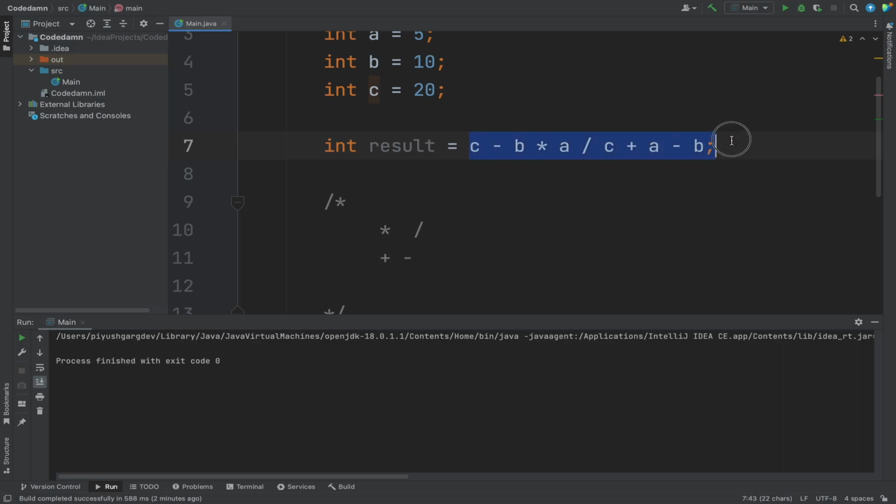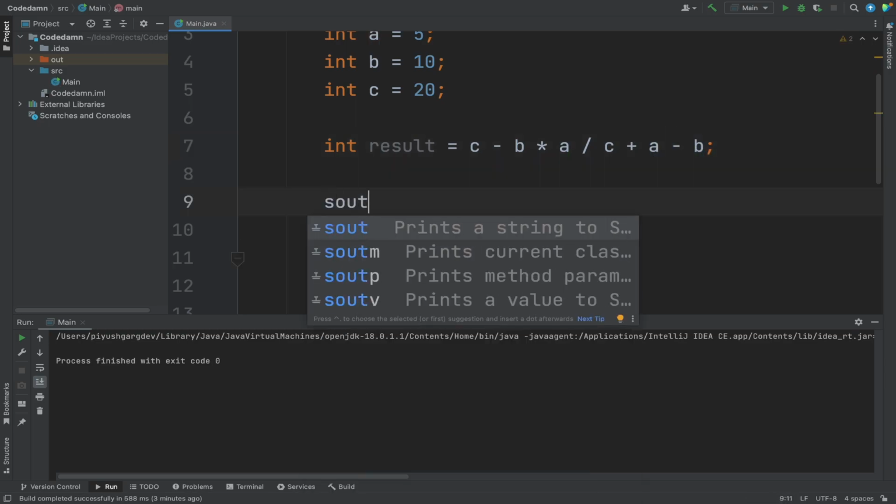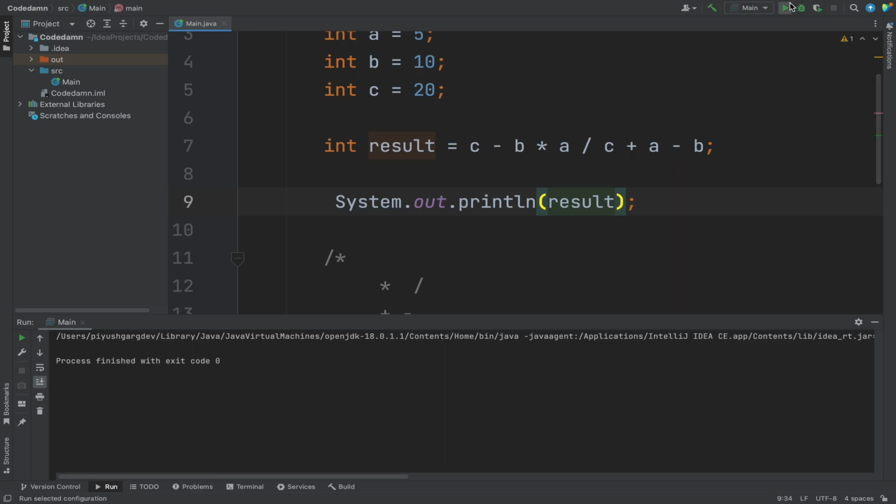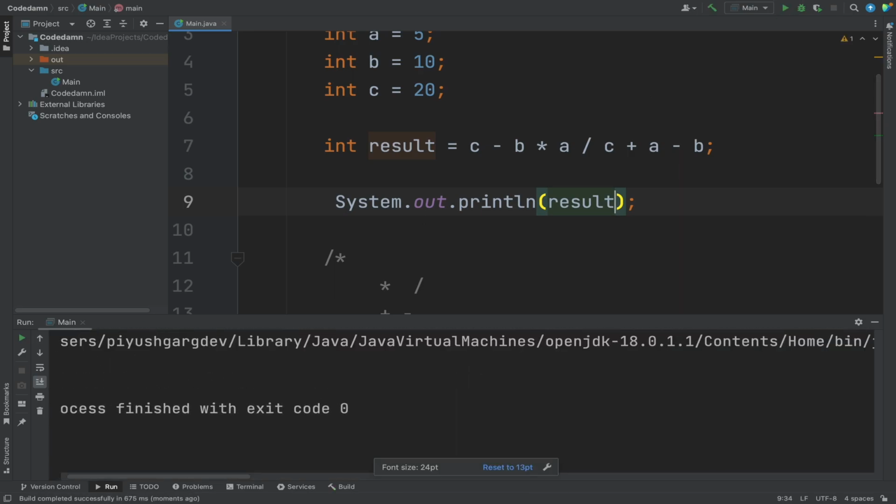Once this expression is evaluated, the compiler will again execute this expression from left to right, and in the second evaluation, plus and minus will get executed left to right. First this minus, then this plus, and finally this subtract. If I print out this result and run it, I'm getting 13.